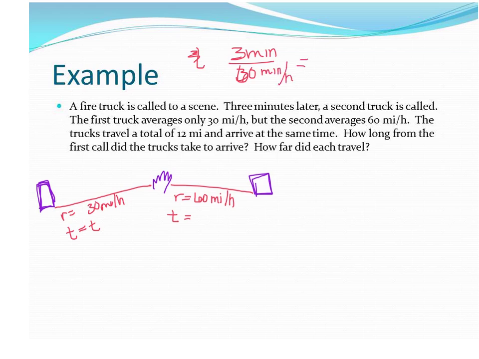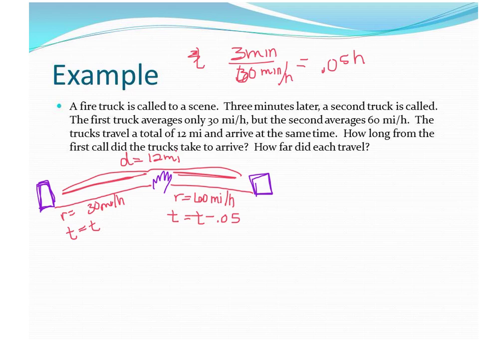This is going to give me hours. 3 divided by 60 is 0.05 hours. So t minus 0.05 is how many hours he travels. We know the total distance is 12 miles, so whatever this distance is plus whatever this distance is has to equal 12.